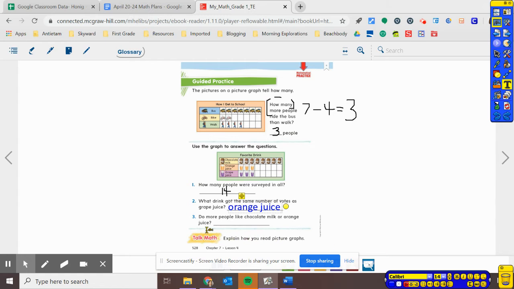Number 3 says, do more people like chocolate milk or orange juice? So come up here to your chart and see which one has more votes, chocolate milk or orange juice. Well, one of the fabulous things about a picture graph is I don't even need to count them because look how many more votes there are for chocolate milk. I can just see that.